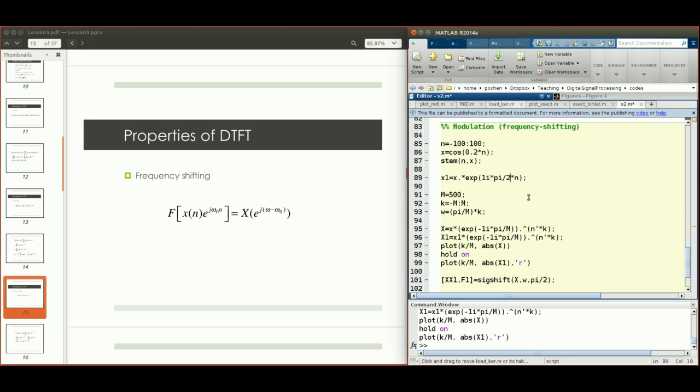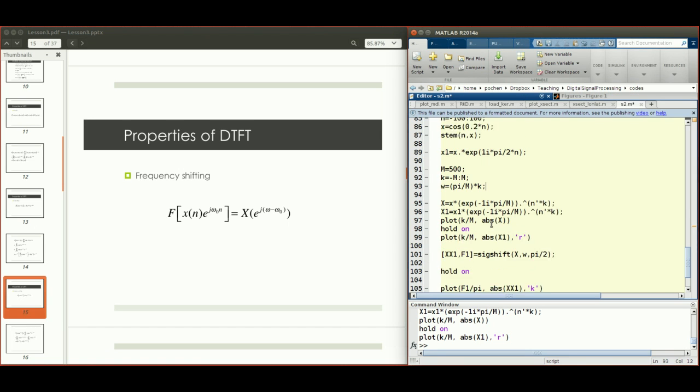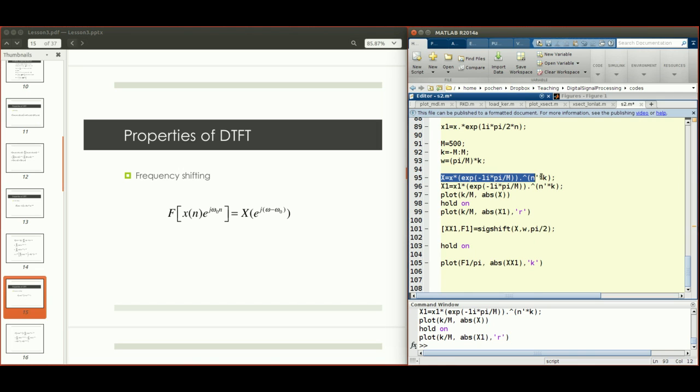So let's try to shift the Fourier transform of the original signal without the modulation. That's big X, right? And then let's just use the fftshift to shift the Fourier transform of the original signal without the modulation, right?